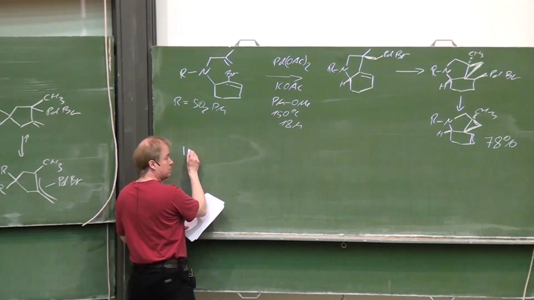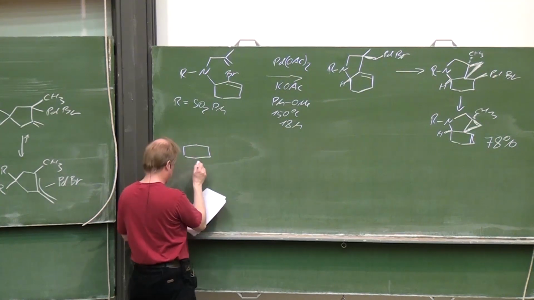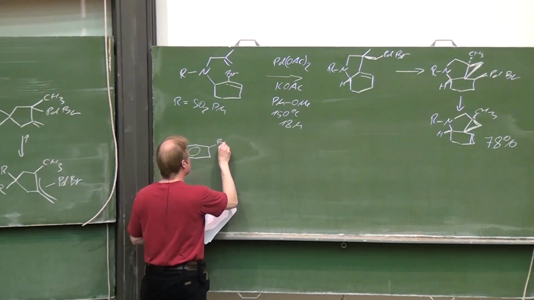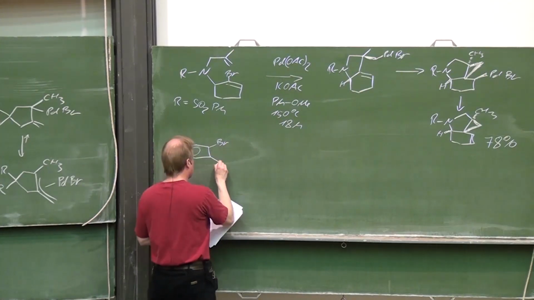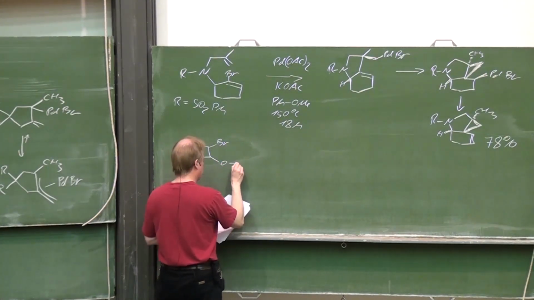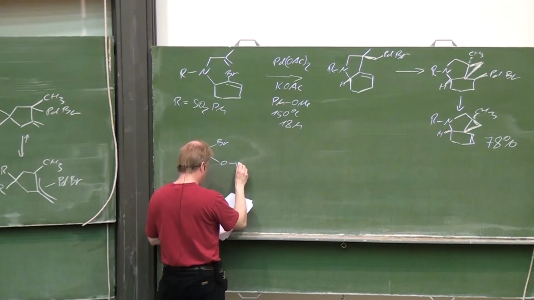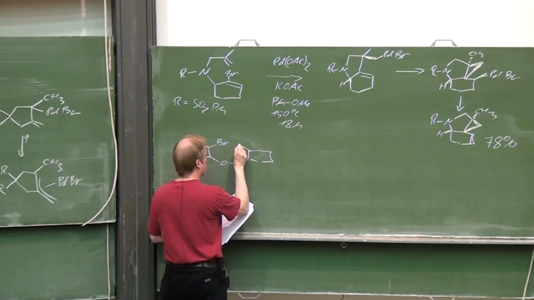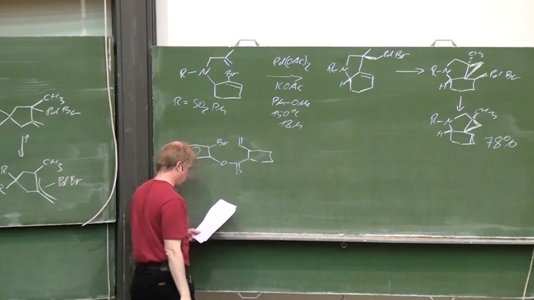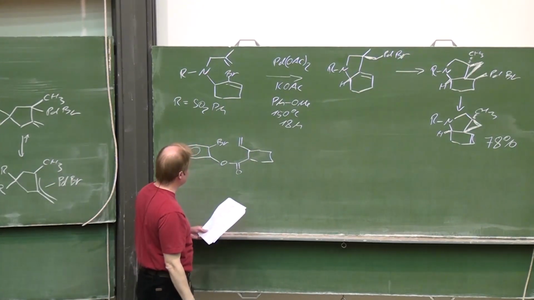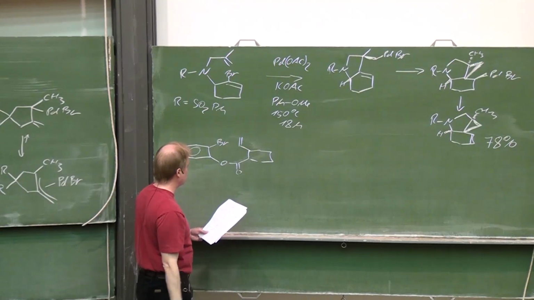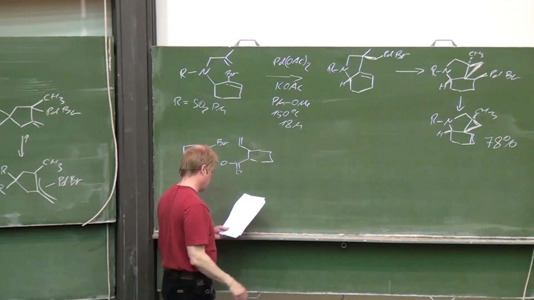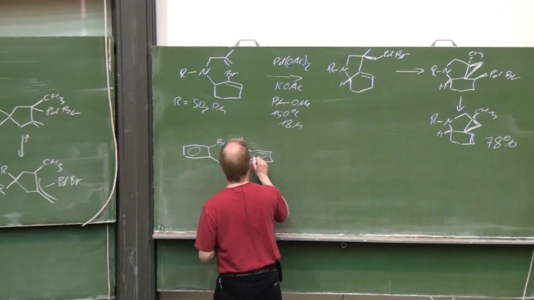Another example, which too is a case of a selectivity process, selectivity problem, selectivity between exo and endo trig cyclization.